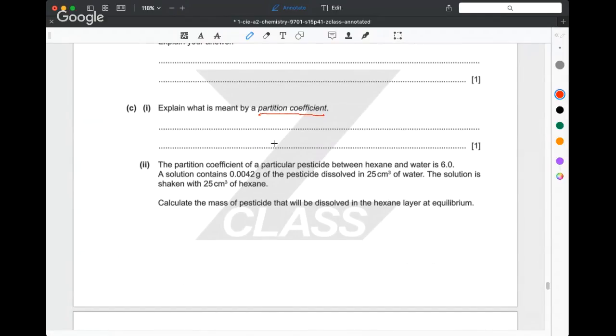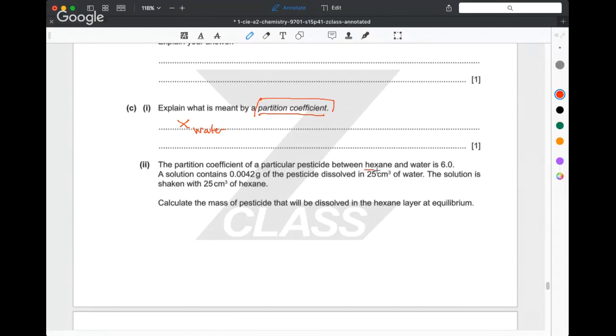So partition coefficients, where you normally encounter that is where you've got, say, a solution of something in water, and you mix it with another solvent.